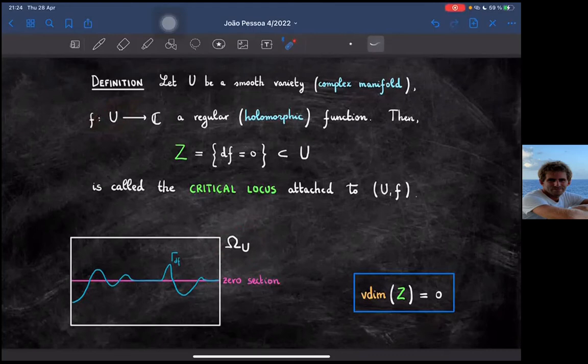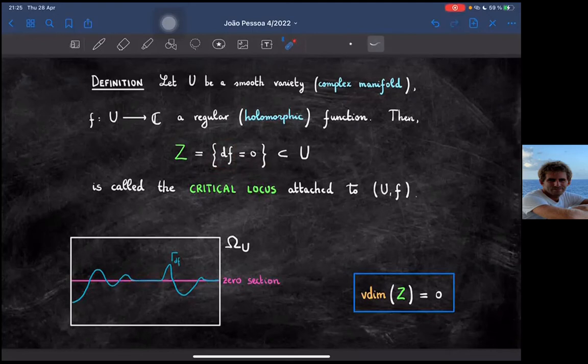So what is df equal 0? Well, we are intersecting the zero section, which is a copy of U, with the section df, which is another copy of U somehow. And so since we are intersecting two things of complementary codimension, we expect the dimension to be 0. However, I tried here to draw a pathological but very frequent behavior, namely the fact that the intersection is not transverse.